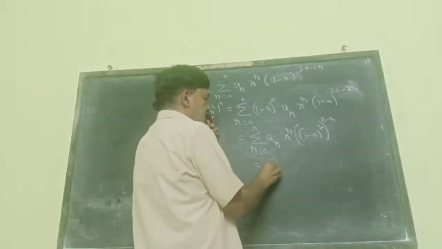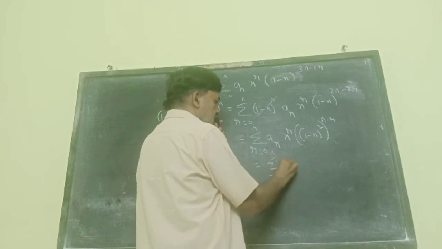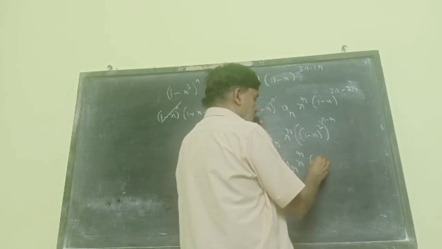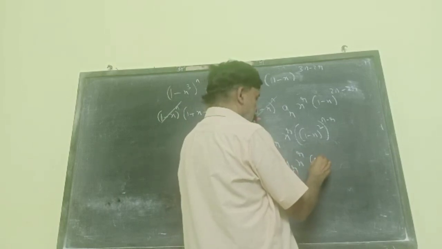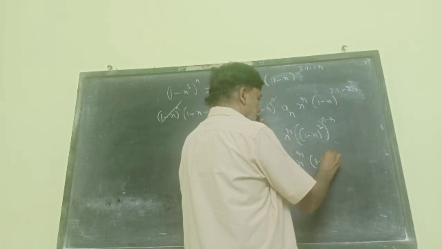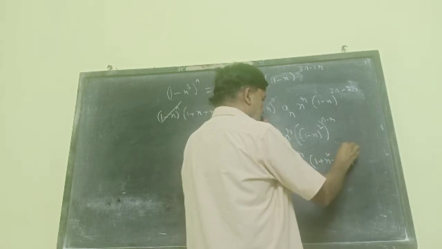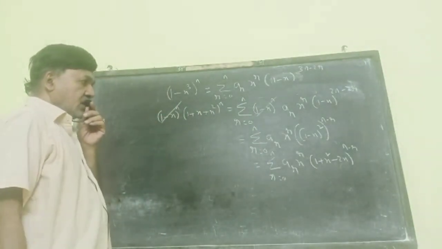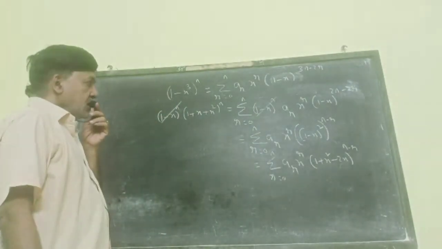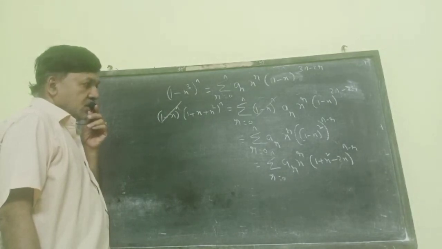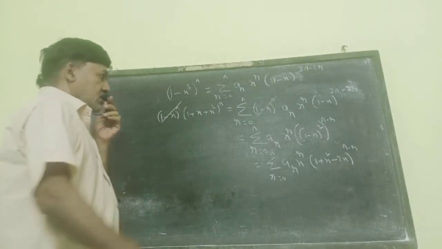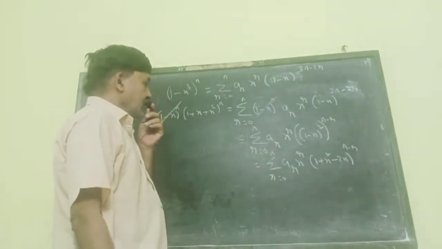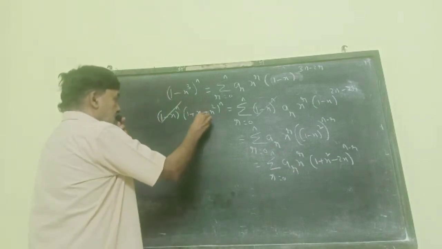This is as good as sigma r is equal to 0 to n AR x power r into, this is nothing but, (1 plus x square minus 2x) whole power n minus r whole to the power of r. Okay, understood? This is what you are having. So (1 minus x) whole square, you expand it. You will get like this. Now you take this.